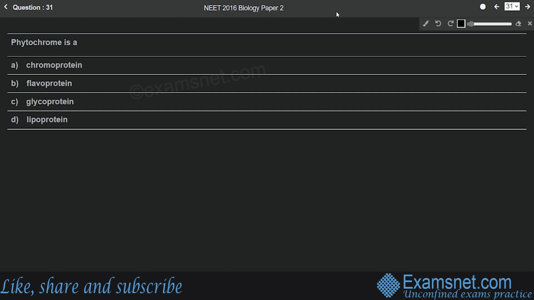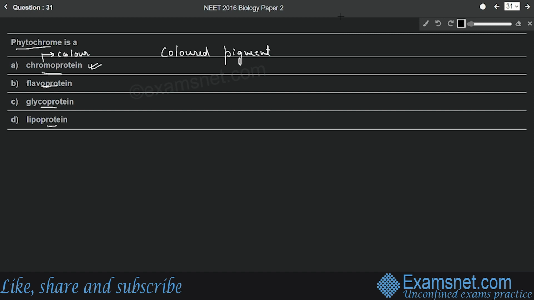Question number 31 is again from plant growth and development, and the question is, phytochrome is a, options are chromoprotein, flavoprotein, glycoprotein and lipoprotein. So the correct answer is option A, that is chromoprotein. Phytochrome is nothing but a chromoprotein, and we know that chromo means color, right? So this is a colored pigment in the plant, because this protein consists of a pigmented prosthetic group.